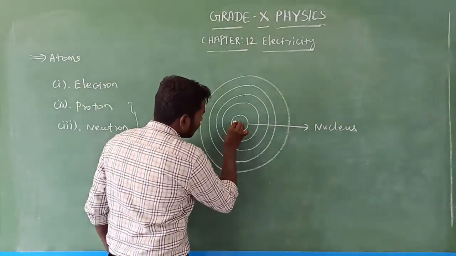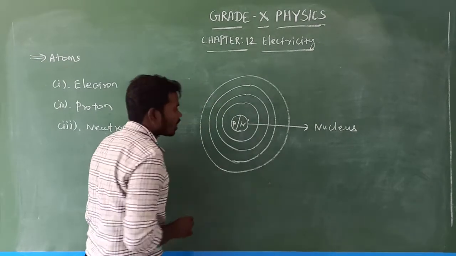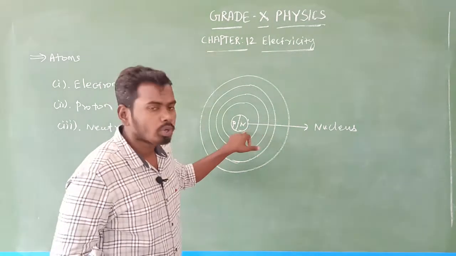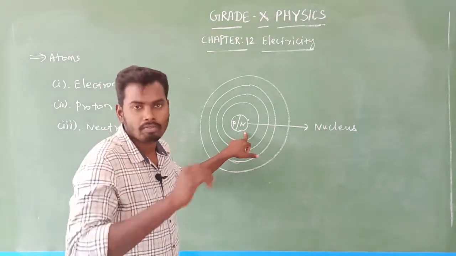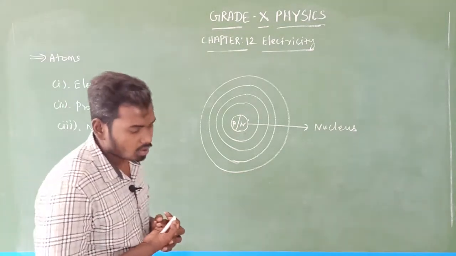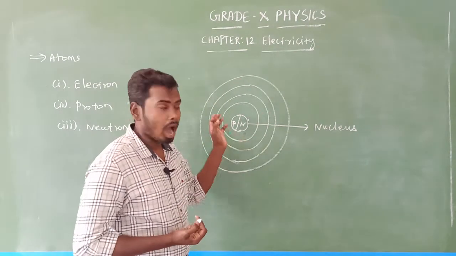Here the proton and neutron are held firmly at the nucleus, which means at the center of an atom. Then what about the electrons, sir? Electrons continuously revolve around the nucleus.